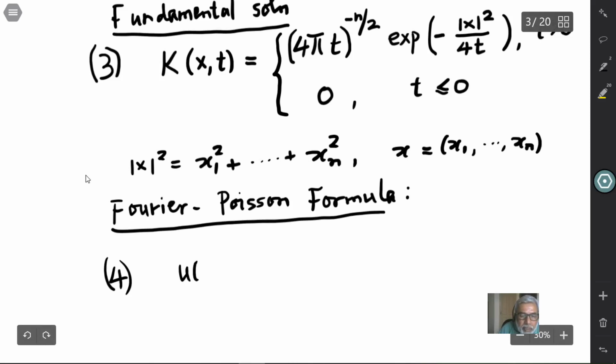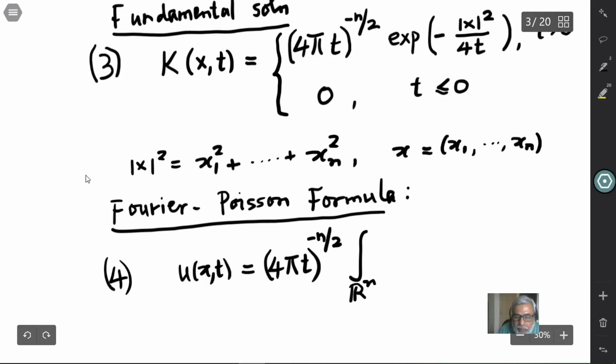So u of x, t. And now the integral is over Rn. So that is the only difference. So it's a multi-dimensional integral now.